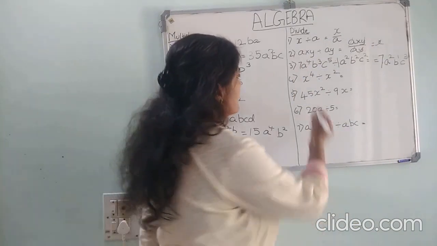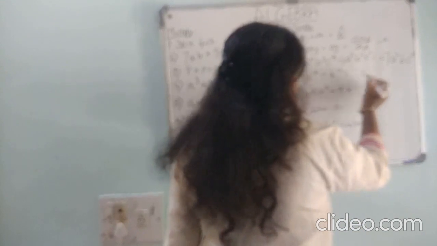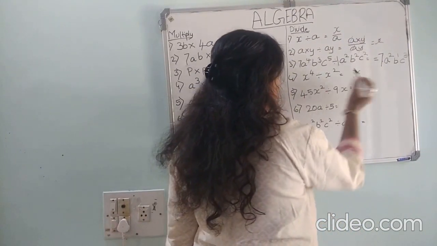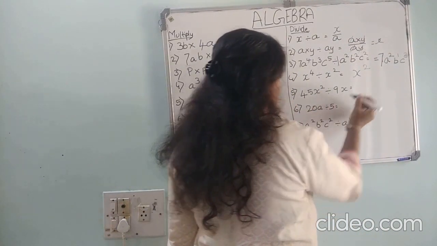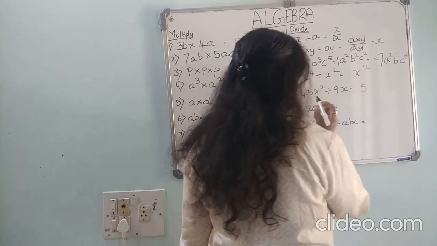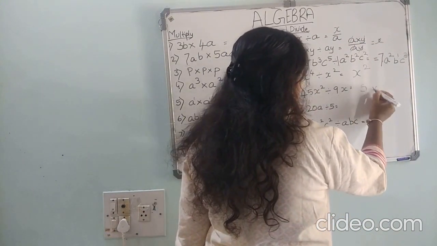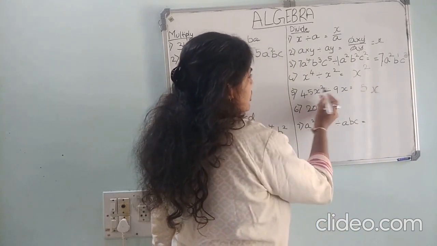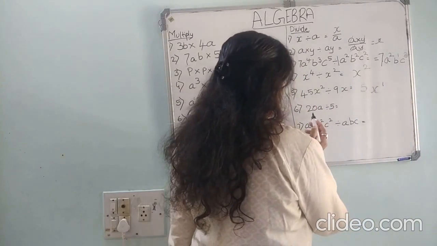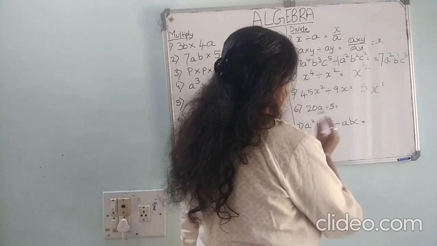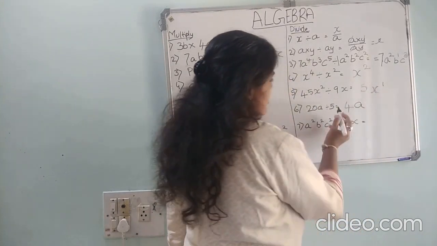Here X to the power of 4 divided by X to the power of 2. X I write as it is, 4 minus 2 is 2. Here 45 divided by 5 is 9. X I will write as it is, 2 minus 1 is 1. Here 20a divided by 5: for a I will write it as it is, since there is no a here.